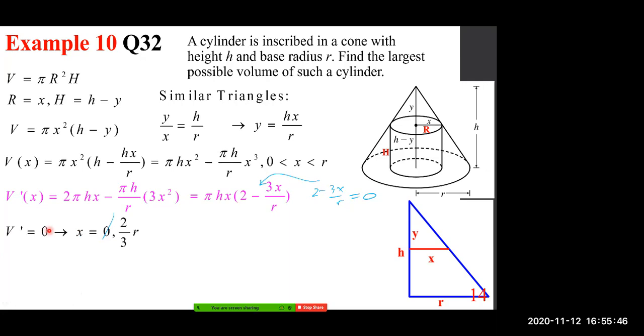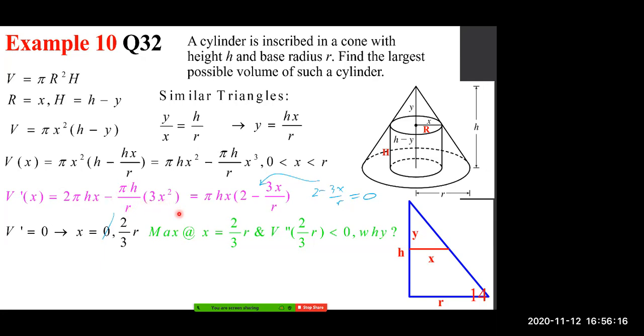So you have to find V double prime and plug in 2/3 r. I'm going to leave that to you. This is the second derivative test. If you think the first derivative test is easier, you can do that. If you differentiate, you get 2 pi h, minus pi h over r times 6x.